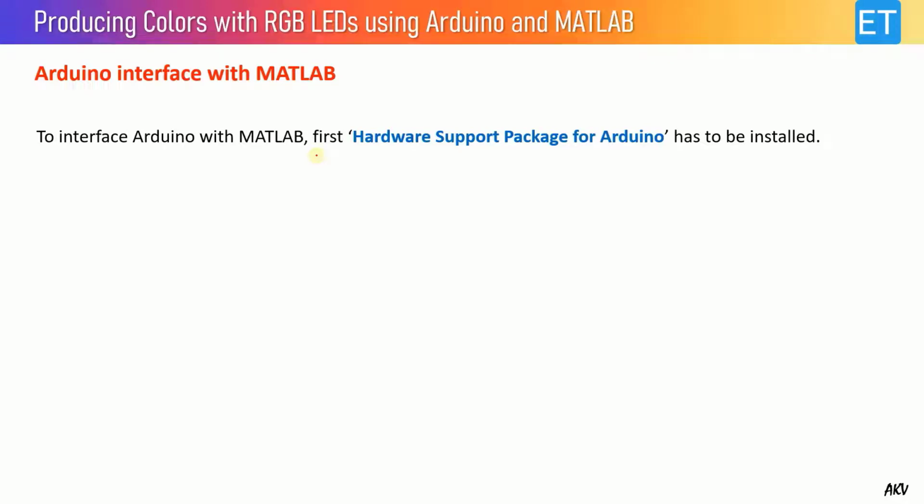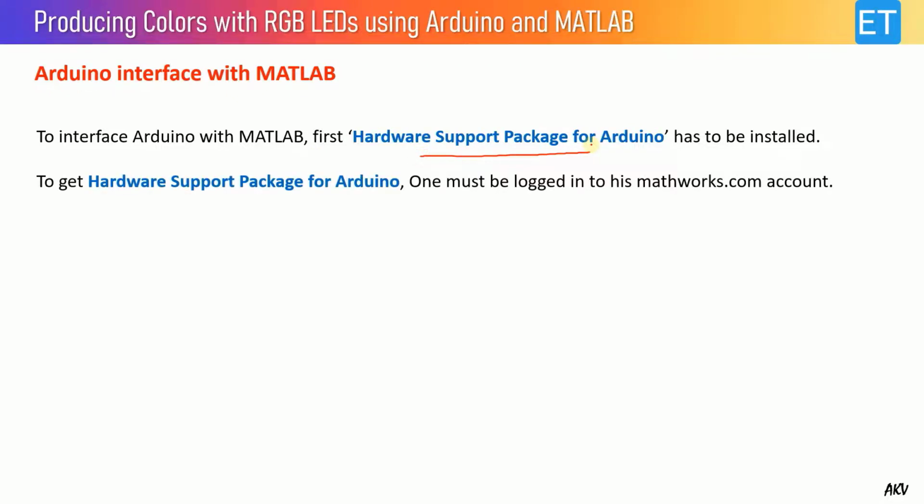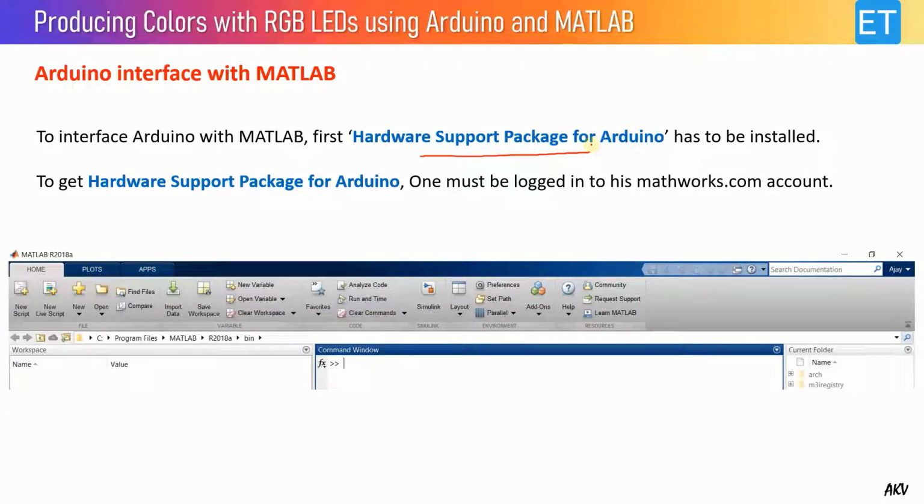So to access the Arduino in the MATLAB, first we need to install a hardware support package for Arduino. So how we can install it? We can install it from the MATLAB itself, but we need to have our login on the mathworks.com.